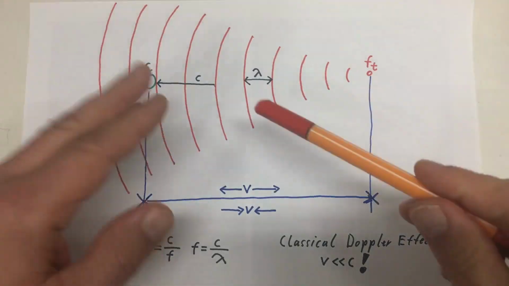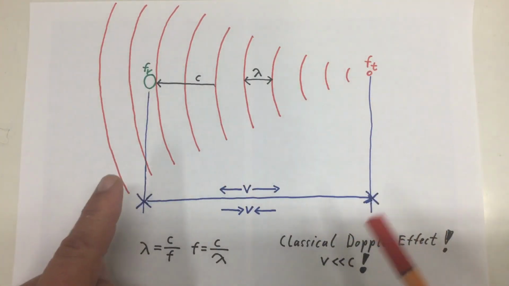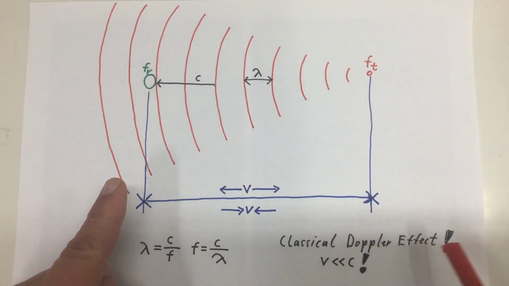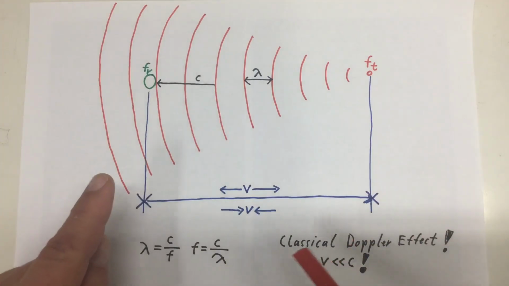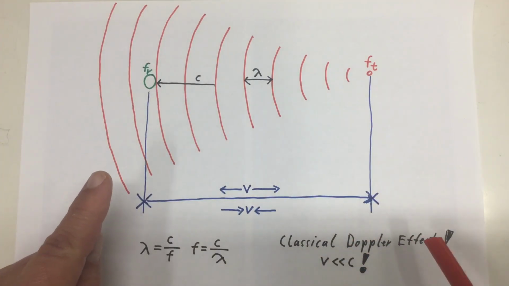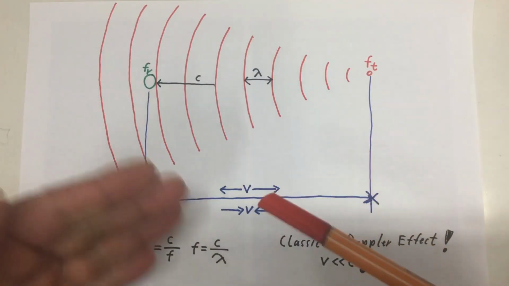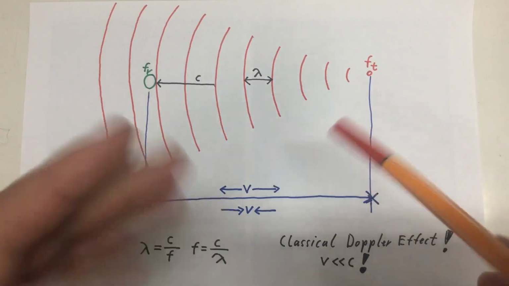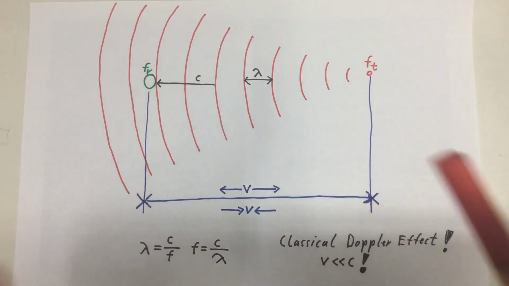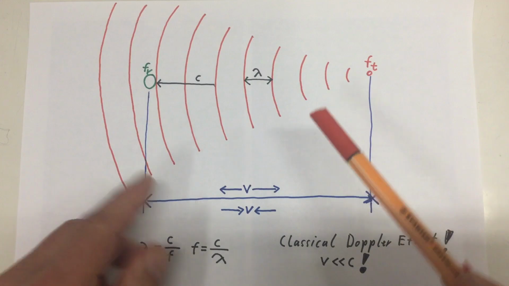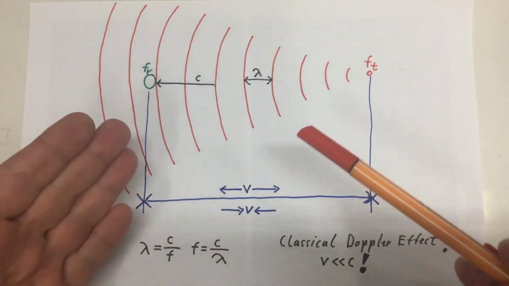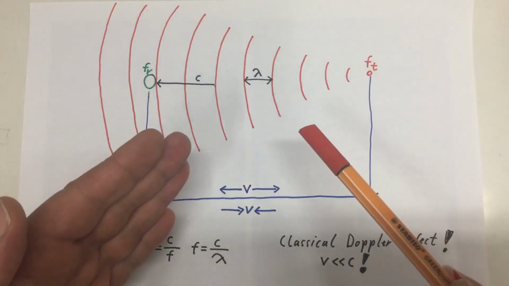Okay? And to be exact, when I'm talking here about the Doppler effect, I'm talking about the classical Doppler effect. Classical as in classical mechanics, not about the relativistic Doppler effect according to Einstein's theories of relativity.